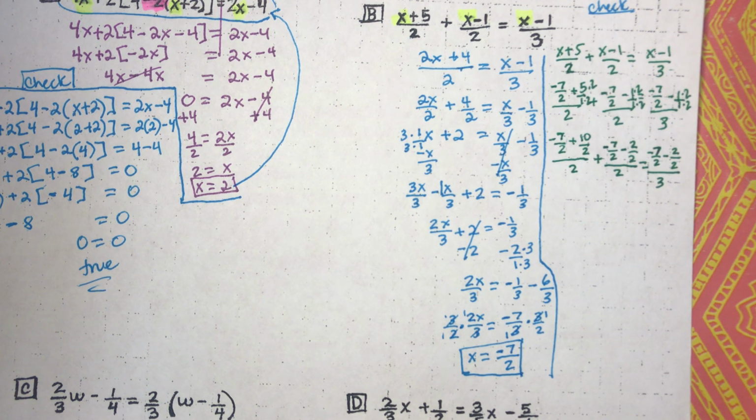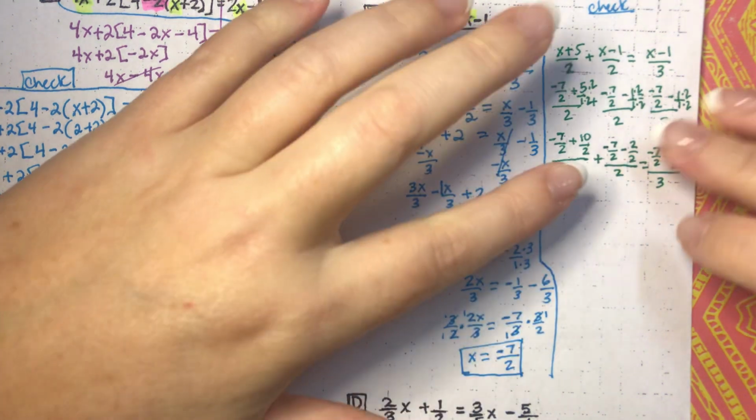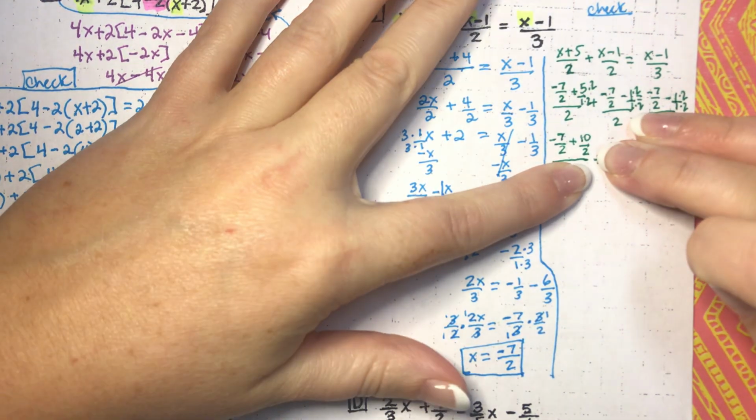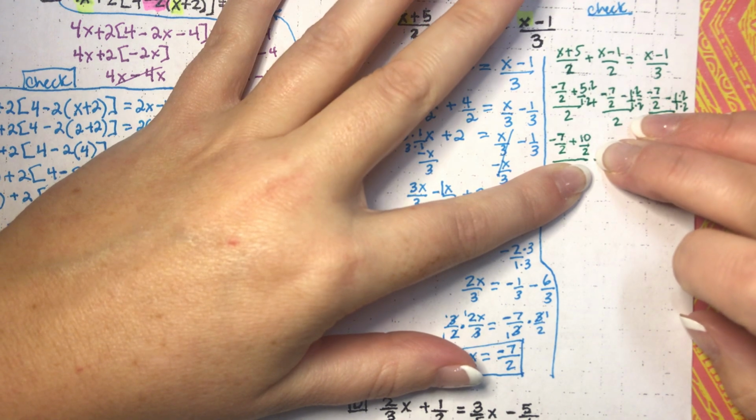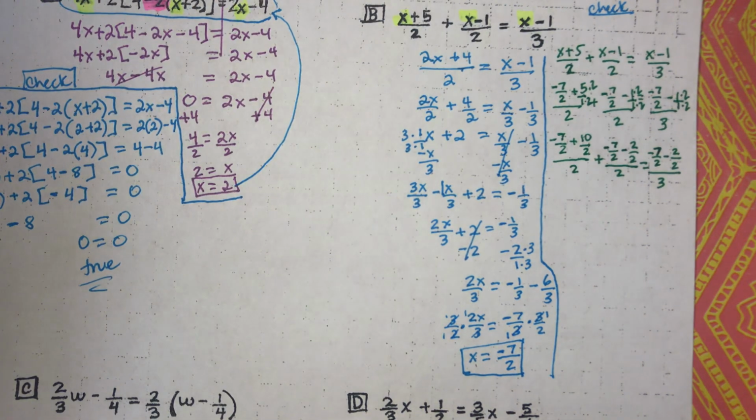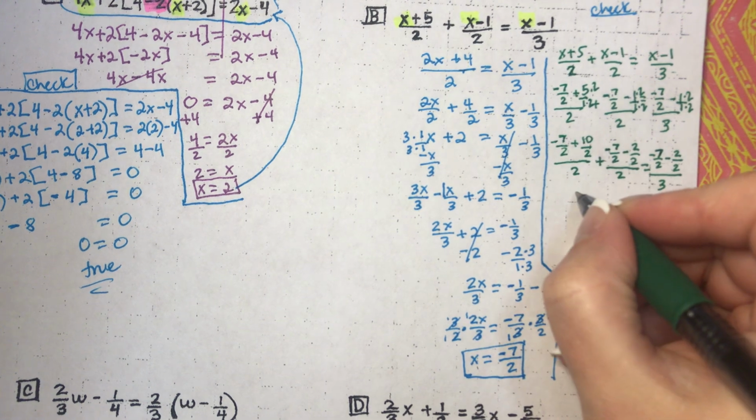Now we're just going to continue to do one thing at a time. We're just going to do this bit right here. So we have a common denominator, right? So we just go negative 7 plus 10. Well, that's 3. So it's 3 over 2.